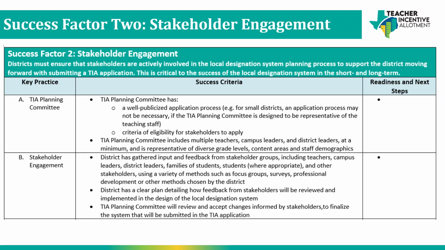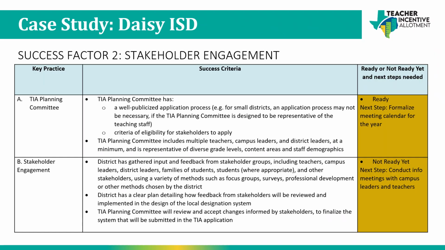And I have a sample from a district who did this. Daisy ISD, they took this exact success factor 2 from the readiness guide and they determined their readiness. So for the TIA planning committee, this district is ready. They already formed their TIA committee. It's representative of all the grade levels that the district teaches. It has various content areas of the teachers.